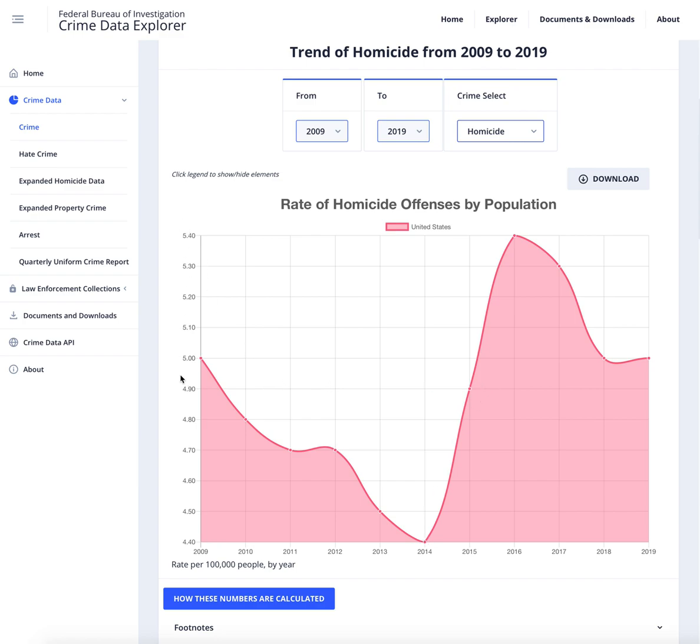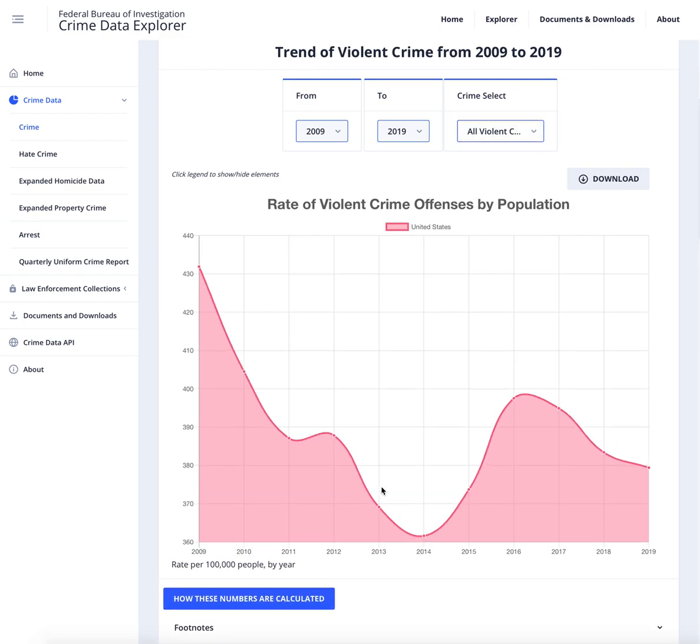The difference on this graph is a single murder per 100,000 people as a rate. But if we go back to all, it follows that same general trend down to 2014 at the low point, and then it comes back up.